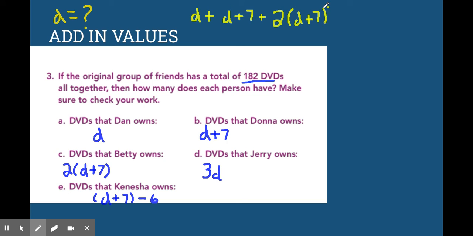And then we're going to add in Jerry's DVDs, which we know is 3D. And then we're going to add in Kenesha. And I know that the commutative property says that no matter what order I have these in, I don't need those parentheses. However I group those, I'm going to get the same thing. So I'm just going to add in Kenesha's D plus 7 minus 6.